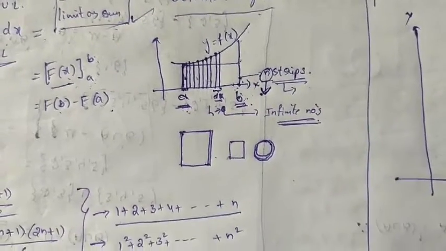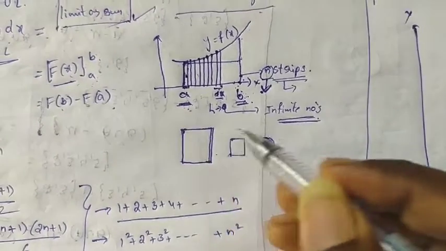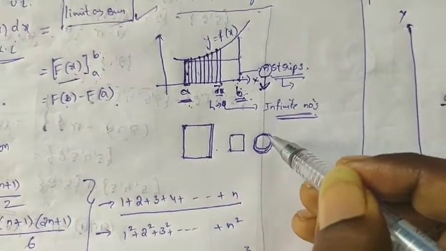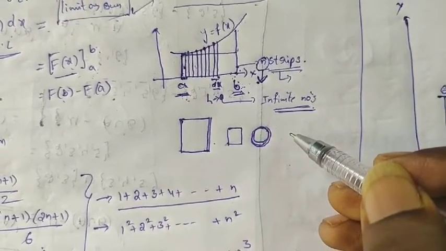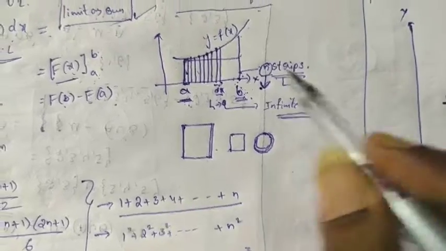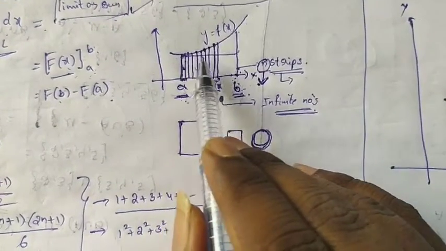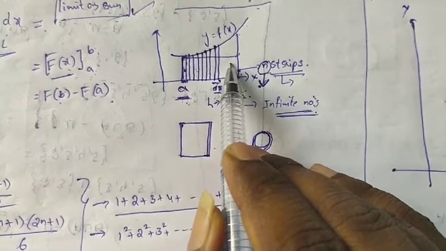Actually, in the earlier small age classes, we have learned how to find the area of the rectangle, the square, and the circle. Those definitions and formulas are predefined, so we can use formulas directly. But here, this area is not a definite geometrical shape.